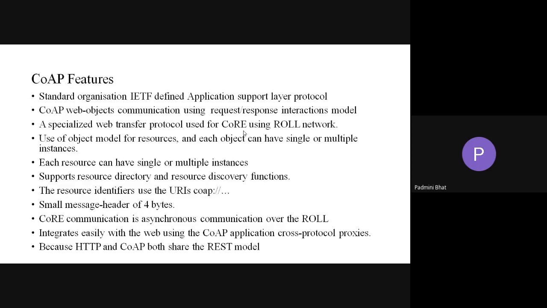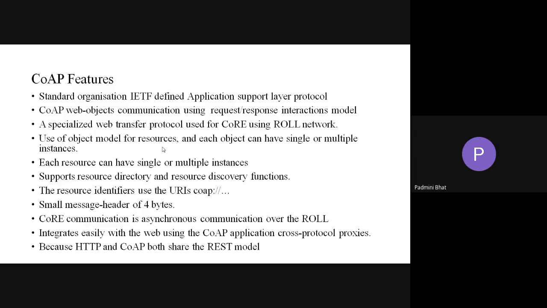Use of an object model for resources, and each object can have single or multiple instances, even the client or the servers for that matter. Each resource can have single or multiple instances. It supports resource directory and resource discovery functions. All these we have studied.